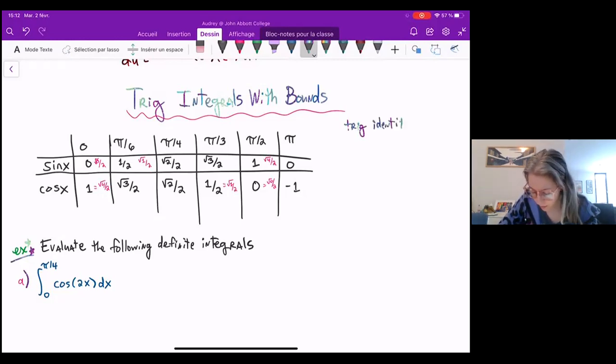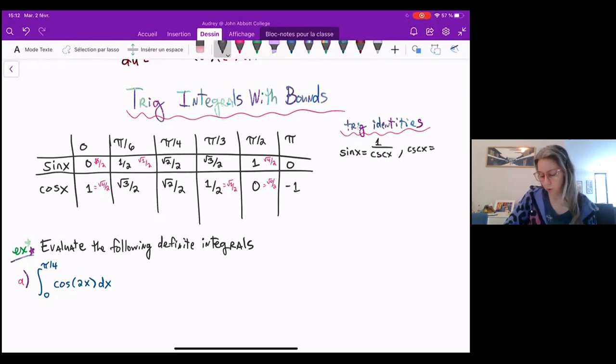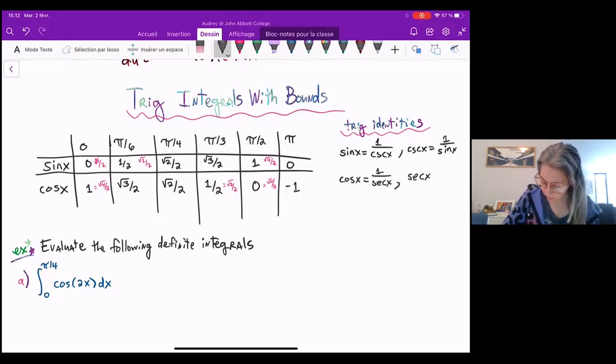Some trig identities that you really should know here, these are called the reciprocal identities, are that sine x is equal to 1 over cosecant x. In other words, cosecant x is equal to 1 over sine x. Cosine x is 1 over secant x, so secant x is 1 over cosine x.